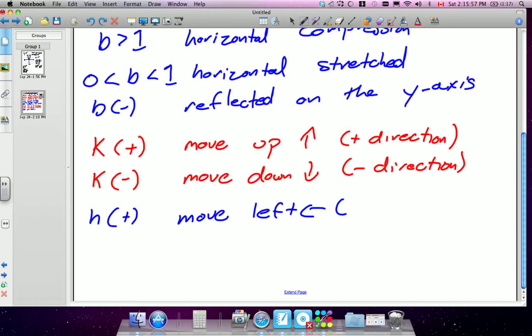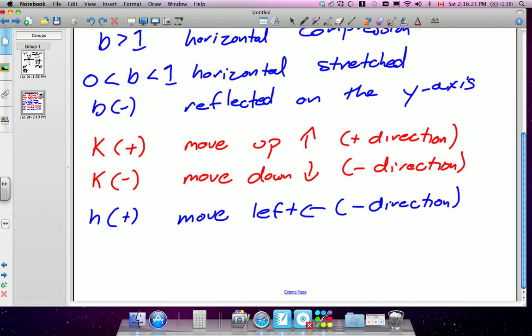We talked about positive direction. Moving left on a graph, do you know what direction that is? Positive or negative? Negative. Negative, that's right. So when h is positive, we move in a negative direction. Okay, it's counterintuitive again. It does the opposite of what we would think it would do. And if h was negative, we're moving right.